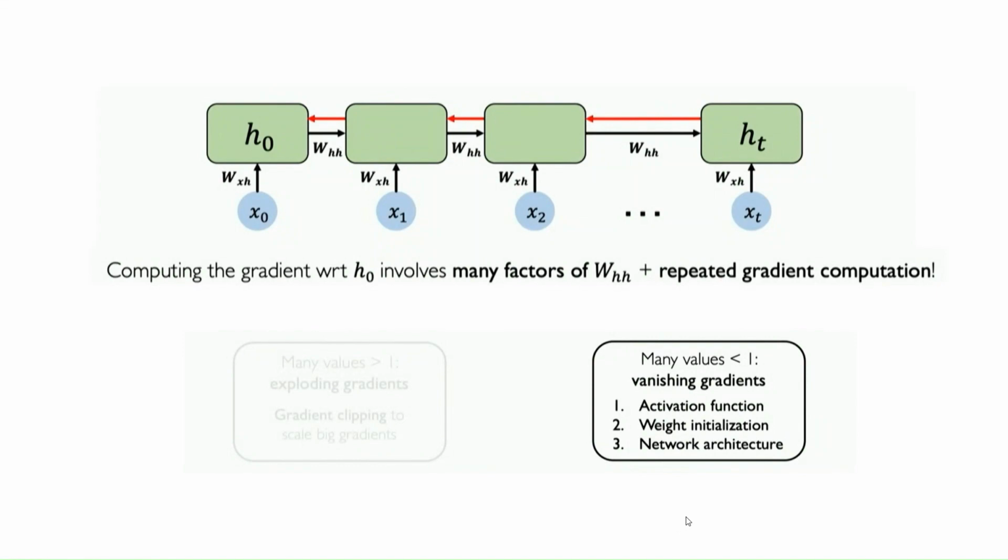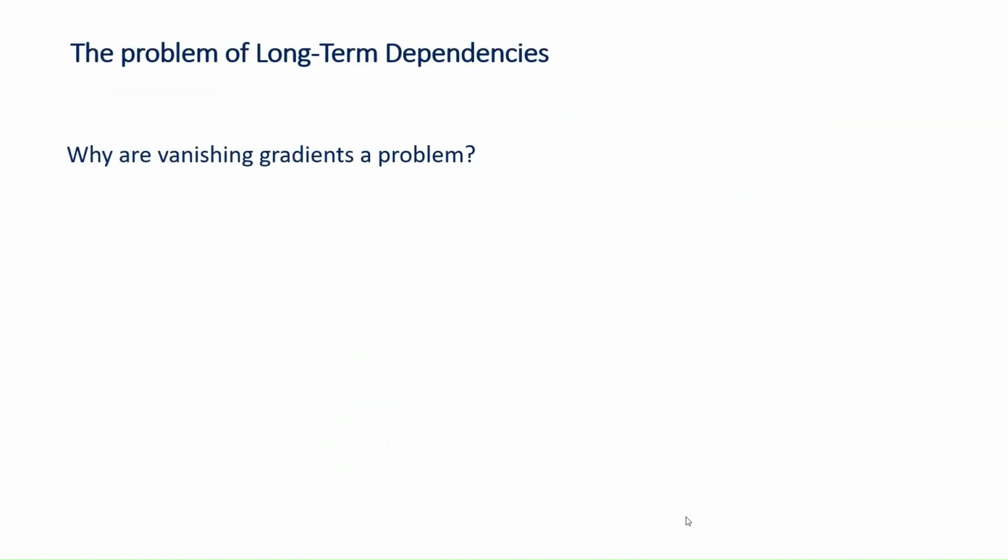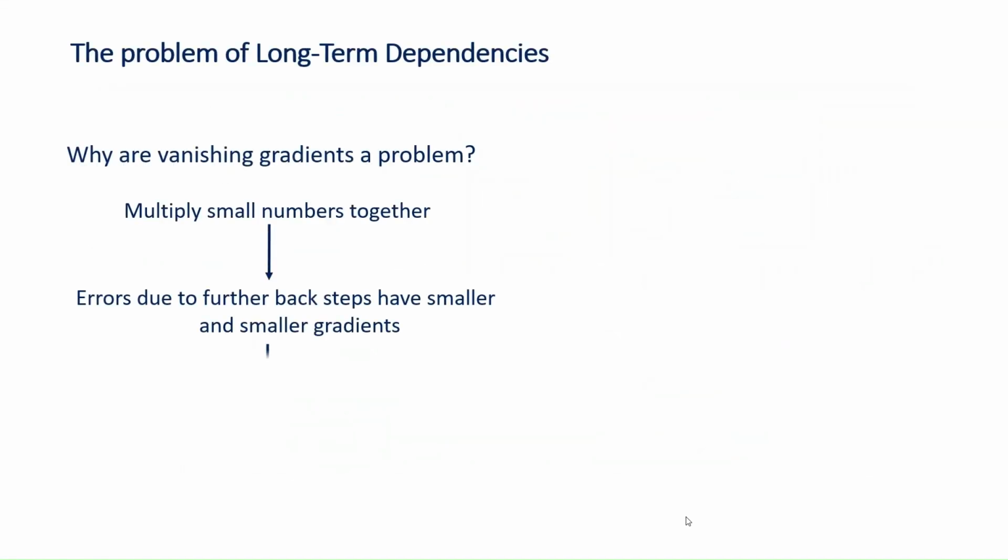So first, let us discuss: is vanishing gradients really a problem? For example, consider that you keep multiplying a number repeatedly by some number between 0 and 1. As it repeats, the number keeps shrinking and eventually vanishes.